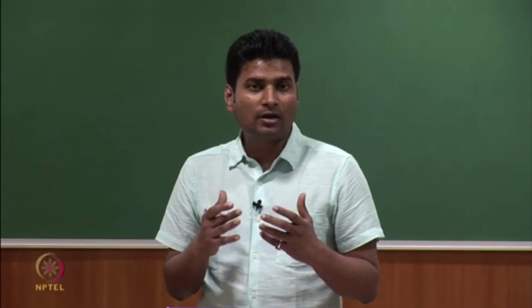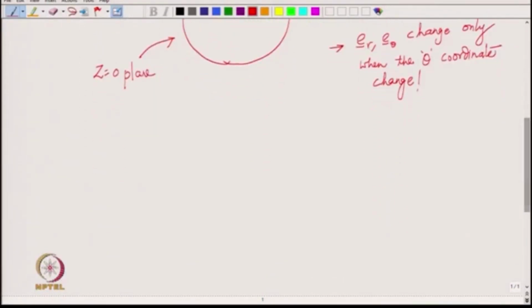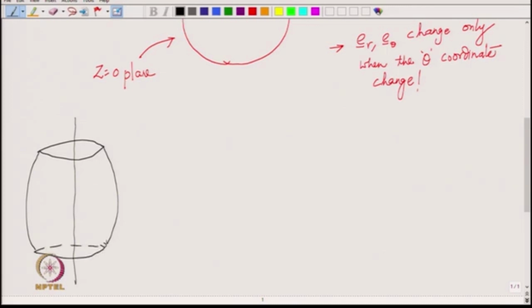So, how will a cylindrical element look? Let us try to see that now. So, I will again draw the cylinder, and it is a generalized cylinder. So, its radius need not be the same along the axis. All right. Now, any cylindrical element would then look something like this.